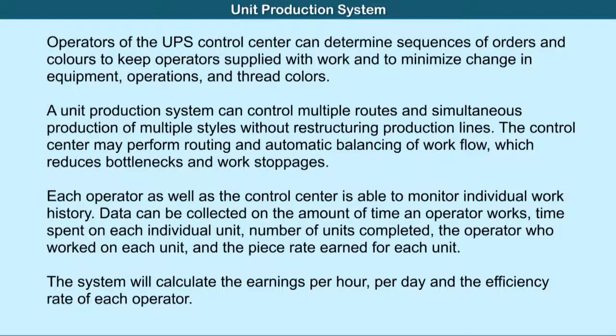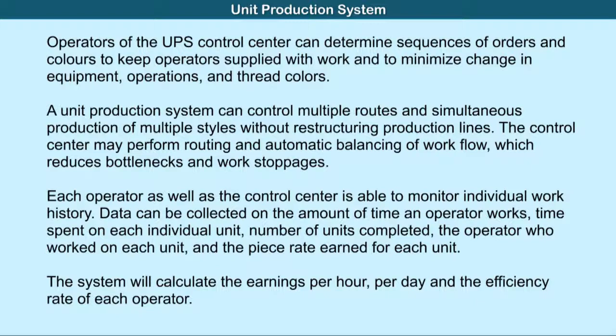Operators of this unit production system, that is the UPS control center, can determine the sequence of orders and colors to keep operators supplied with work and to minimize changes in equipment operations and thread colors.